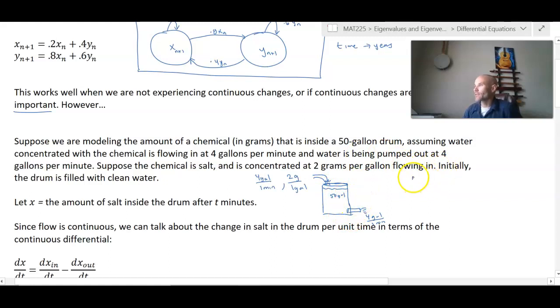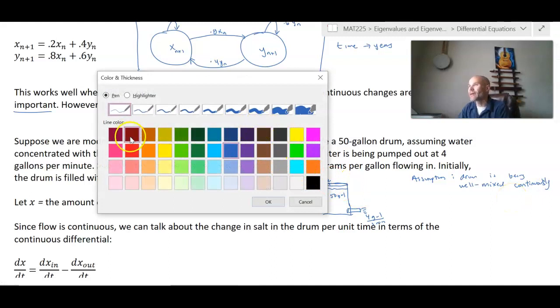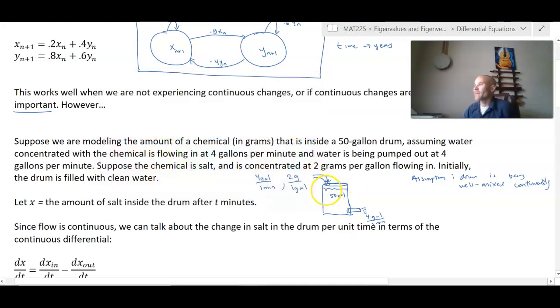Now here's one major assumption that we have to make. We have to assume that the drum is being well mixed continuously. This is just a necessity to be able to construct a model, because you may say, well, there is stuff coming in, but it's kind of just hovering at the top of the water level.